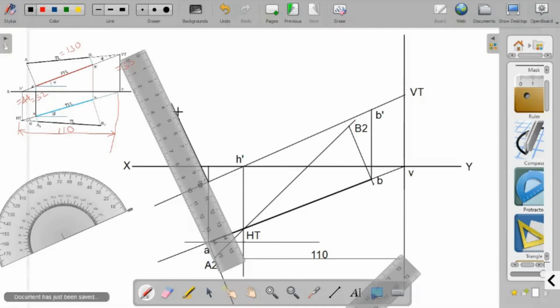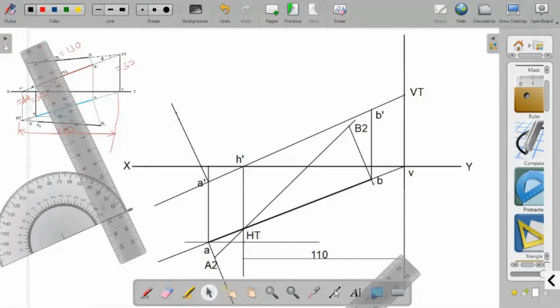That's again an approximate distance. Now join this point. This point is A1. Now join point A1 with VT.